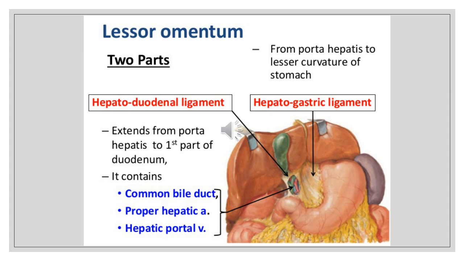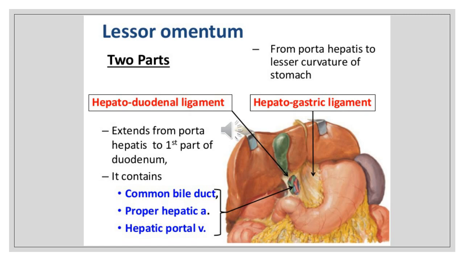The horizontal limb is attached to the porta hepatis. Porta hepatis is a transverse fissure around 5 cm long on the inferior surface of the liver, through which vessels and nerves enter the liver: the common bile duct, the hepatic artery proper and hepatic portal vein, as well as the lymphatics passing from the liver.